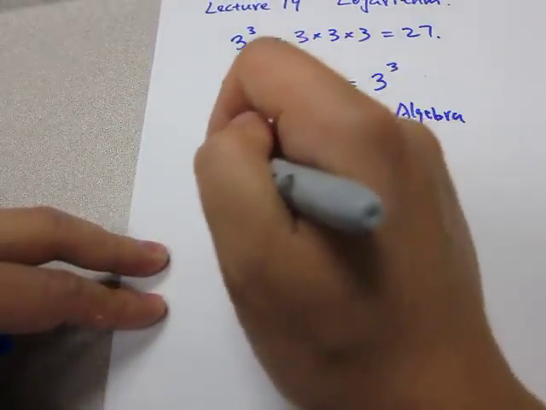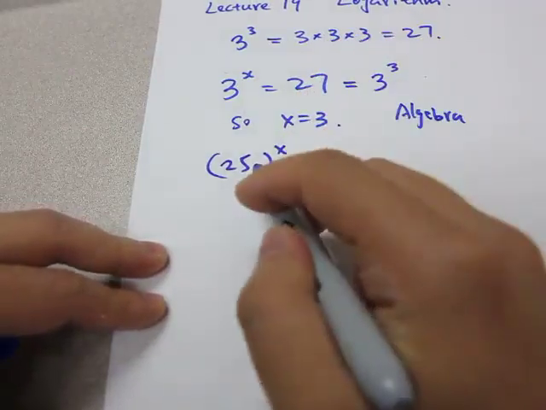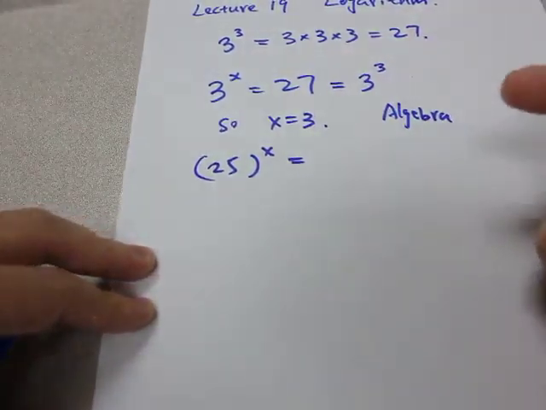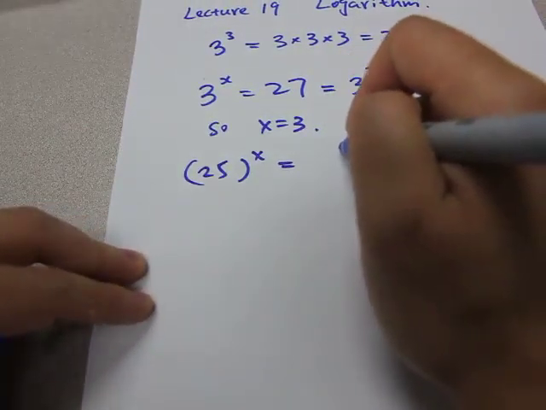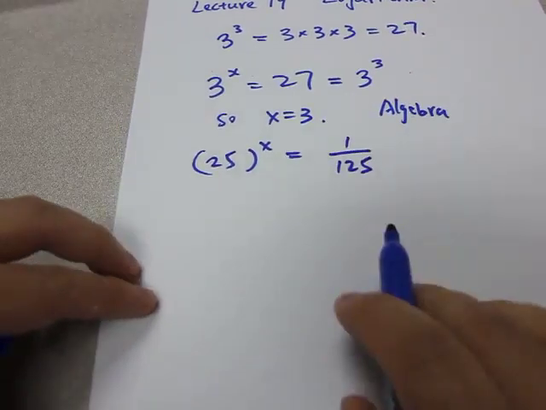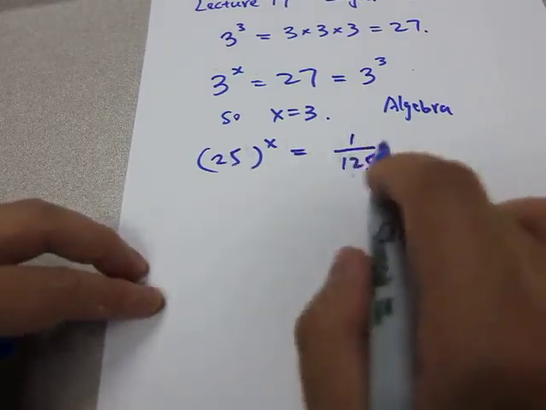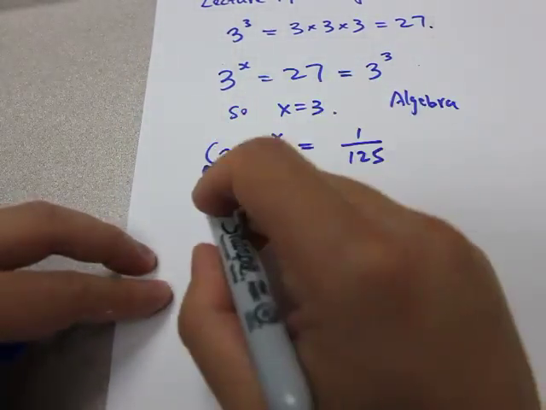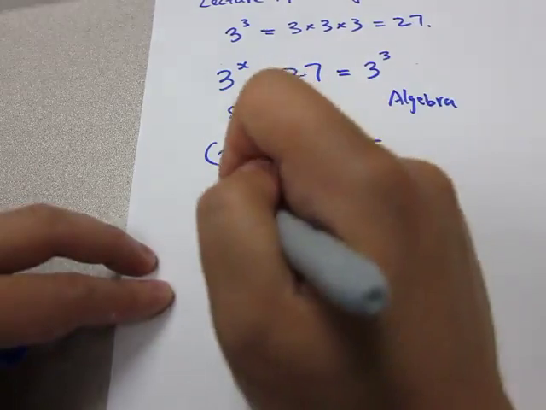For example, if we're given 25 to the x equals maybe 1 over 125. To solve this equation, we need to change both numbers.